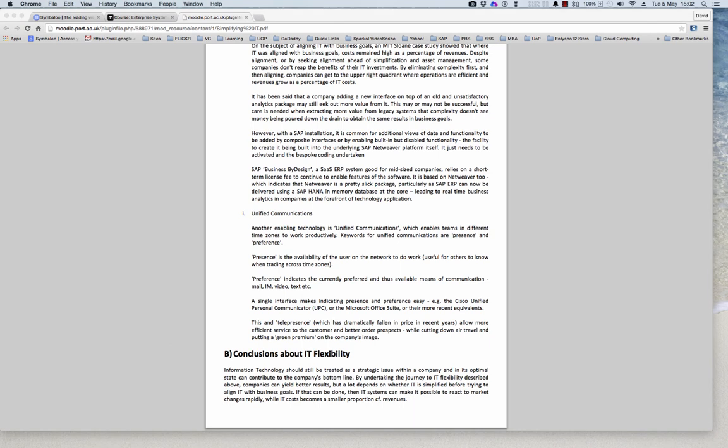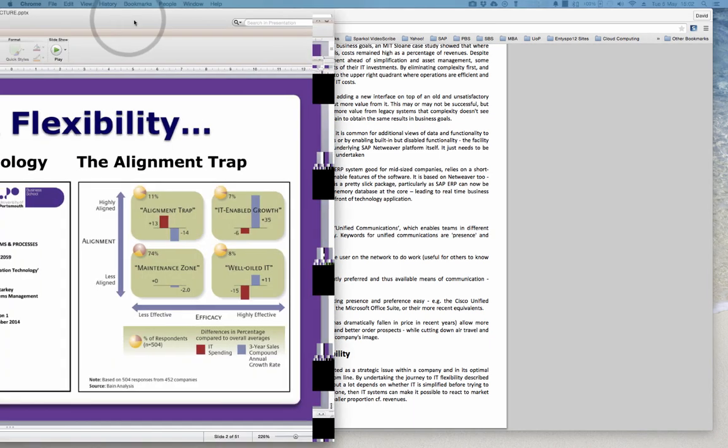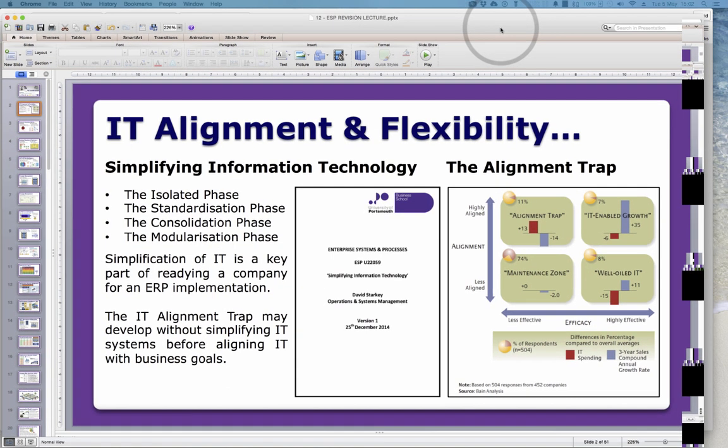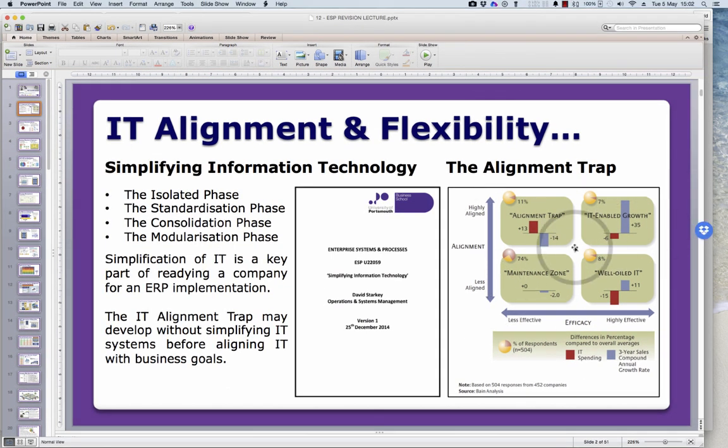So coming back to it, if I can just drag it over again. There we go. So we talked about the alignment trap, and so let's just look at this.